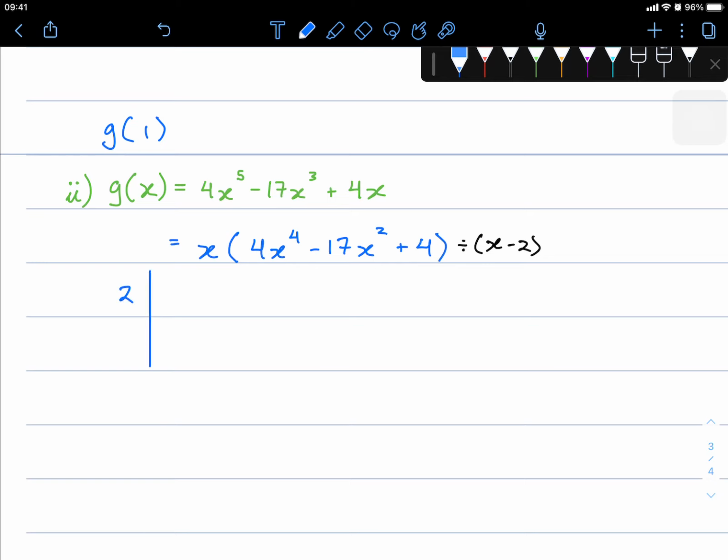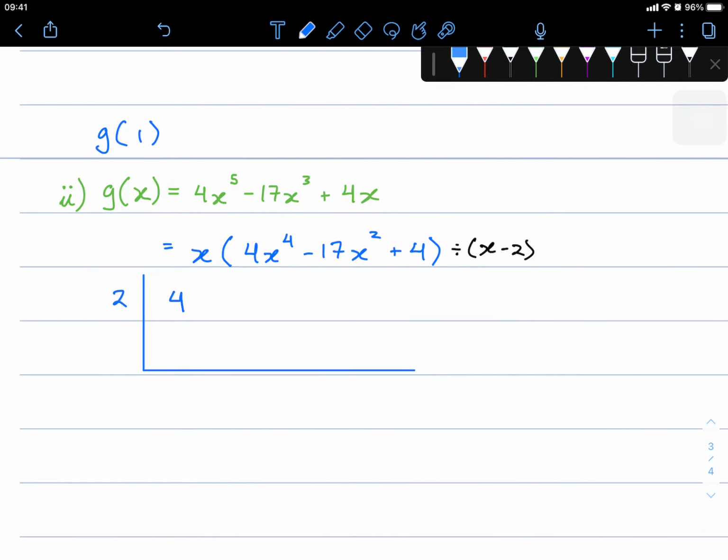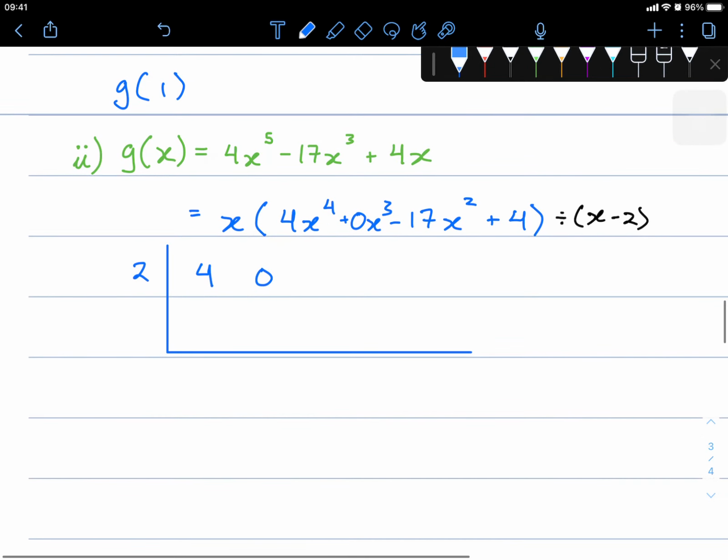2. This is going to be 4. Now remember, notice how the powers skip x cubed. So really, there's a not really hidden, but it's one that we don't write, 0x cubed. We have to always include that as our coefficient of x cubed.